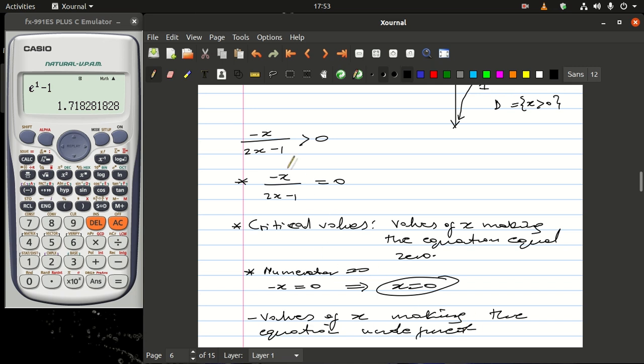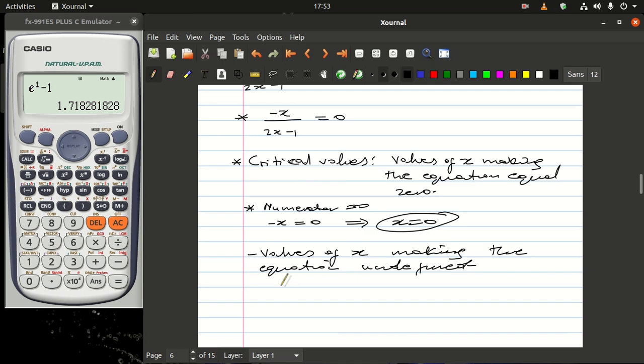Now, for this equation to be undefined, it will only happen if the denominator is equal to 0, because that's a fraction. So when the denominator is equal to 0, that function will be undefined. Or when we have 2x minus 1 is equal to 0, or when we have 2x is equal to 1, or when we have x is equal to 1 over 2. So that's also another critical value.